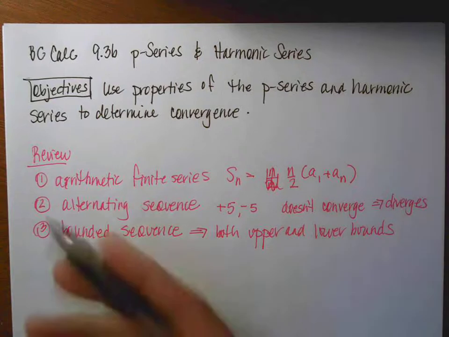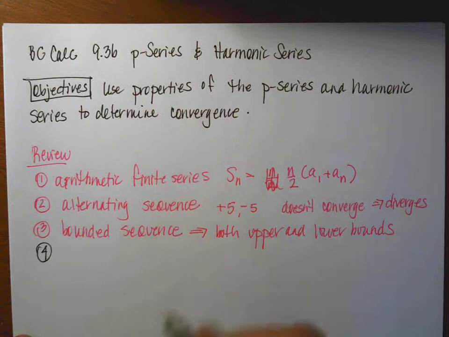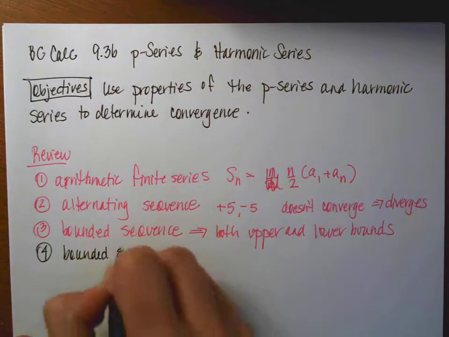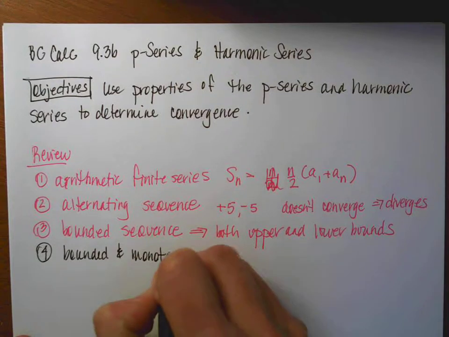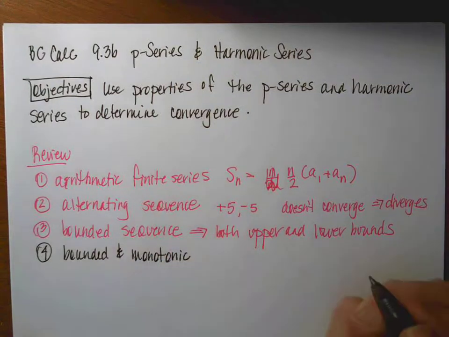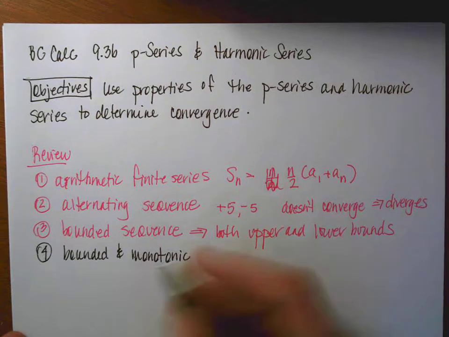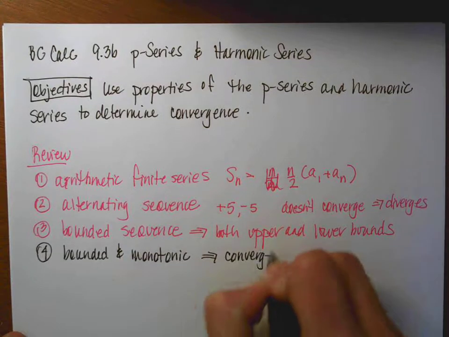Our next thing to review would be bounded and monotonic. And remember, monotonic means either strictly increasing or strictly decreasing. So that's what our monotonic term means. If a sequence is both bounded and monotonic, then it is going to converge.